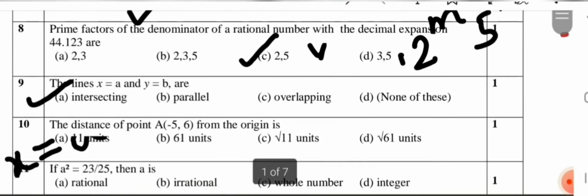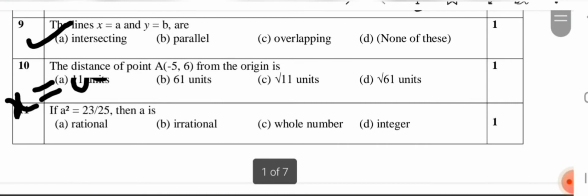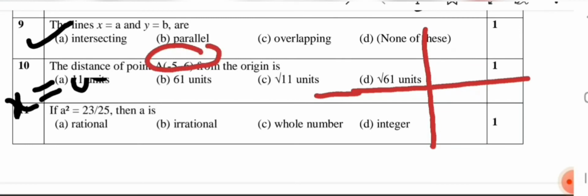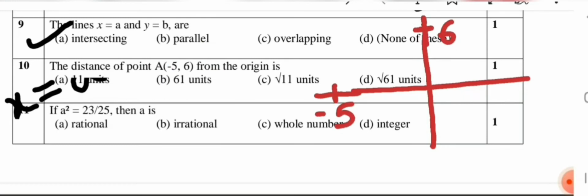Now next question, distance of point A from origin. Now again graph based question, so we need to draw a graph and find out. Let us first of all draw this point A. Its coordinates are -5, 6. So -5 we can take somewhere here. I am just drawing a rough sketch, and 6 we can take somewhere here.